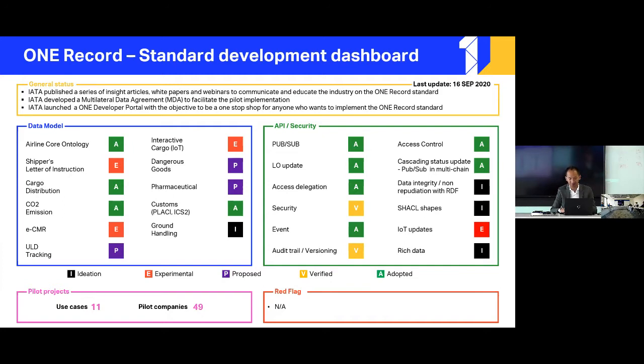Once it has been verified, it goes to the last stage, which is adopted. This is where the standard is proposed to the CoTB, the Cargo Operation and Technology Board. This governance body will endorse the standard, and it will be adopted by the industry.